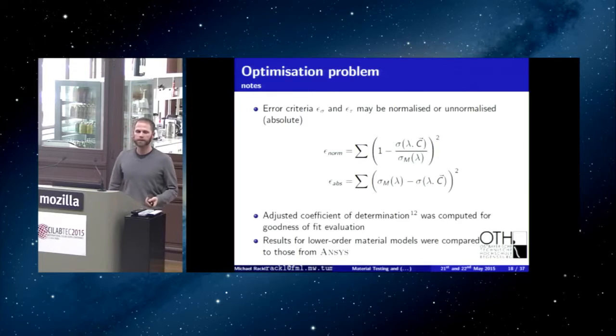Of course, since we were doing regression analysis, we also have to check whether whatever we got as a result is close to what we're looking for, and just to get a number to compare our results, we use the adjusted coefficient of determination, which is a little different from the normal coefficient of determination in terms of adding a negative aspect if you use more constants.